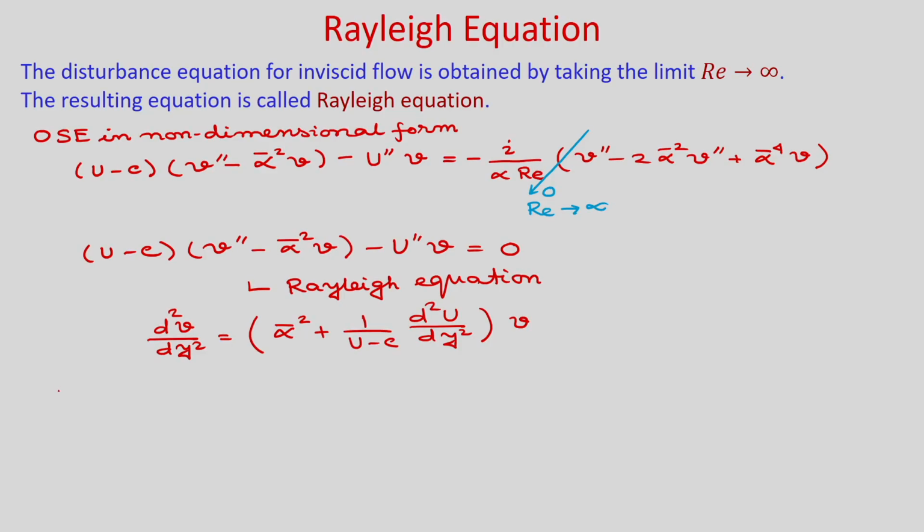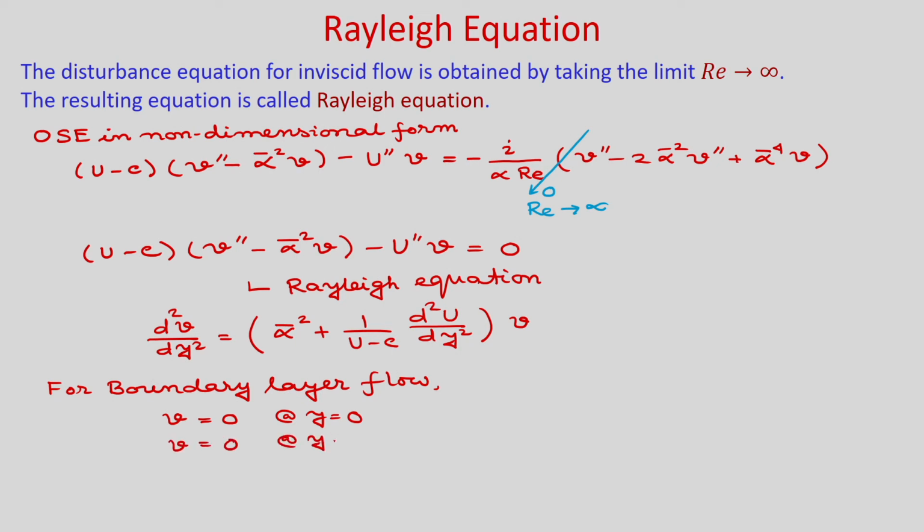So now let us consider boundary layer flow. At the flat plate, at y is equal to 0, the disturbances are 0, and as y tends to infinity, the disturbances v will also be 0. So for boundary layer flow, v is equal to 0 at y is equal to 0 and v will be 0 at y tends to infinity.